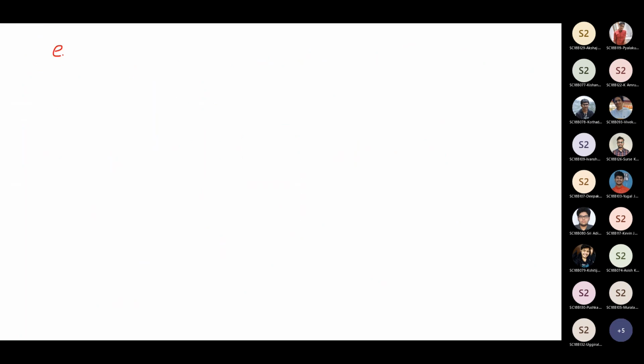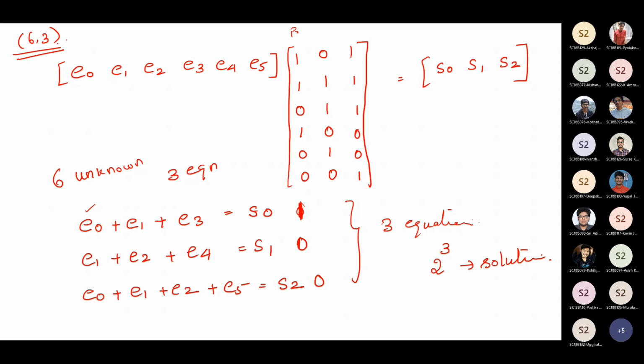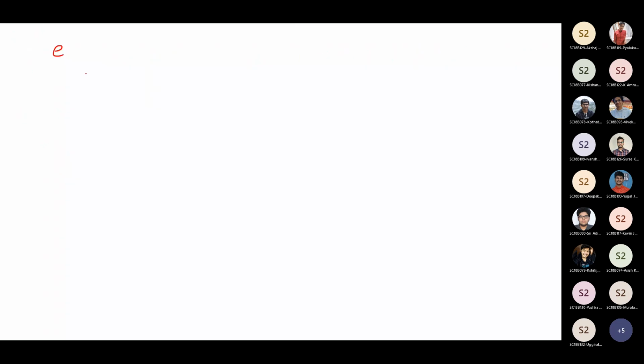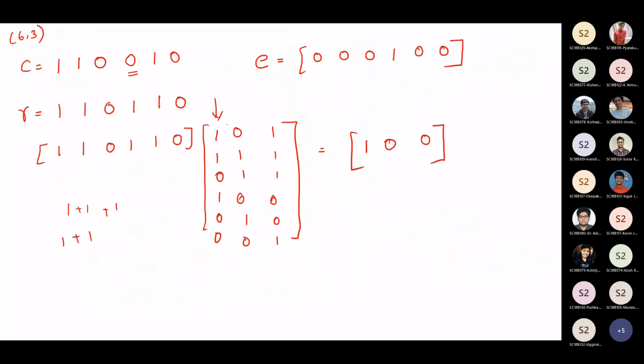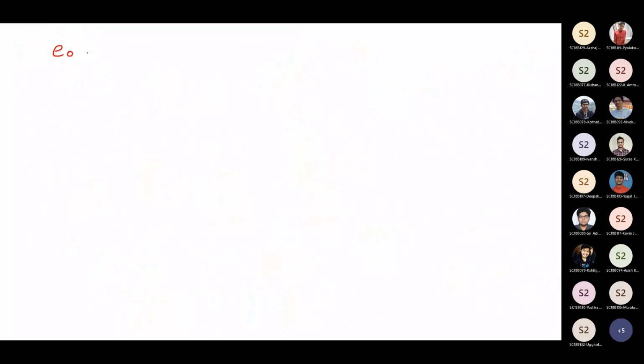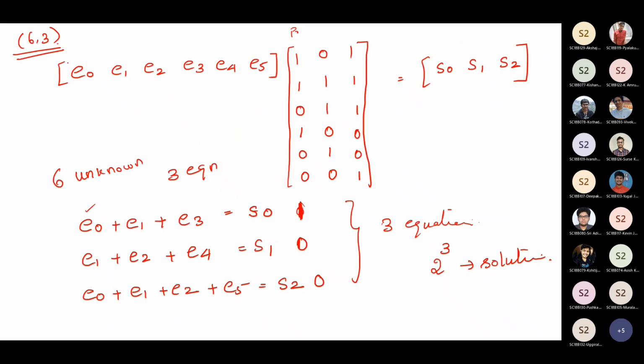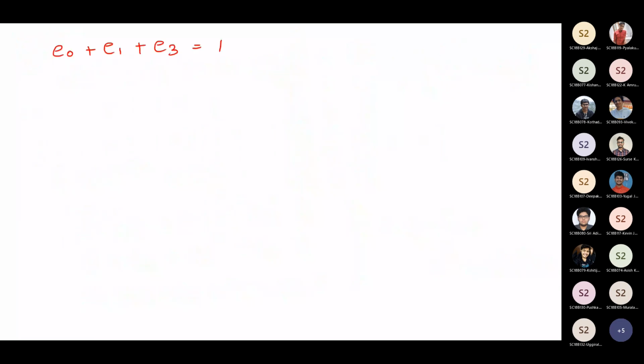So once again I am writing it. E0, E1, E3 will be equal to 1. Next, E1, E2, E4 will be equal to 0.